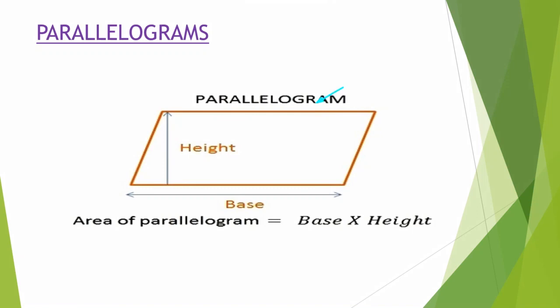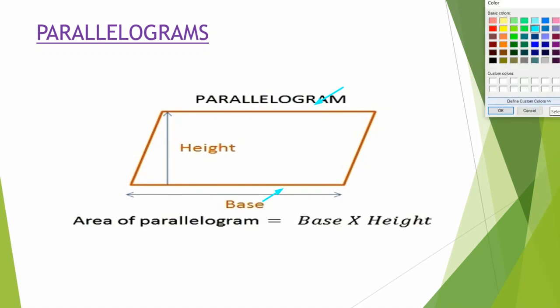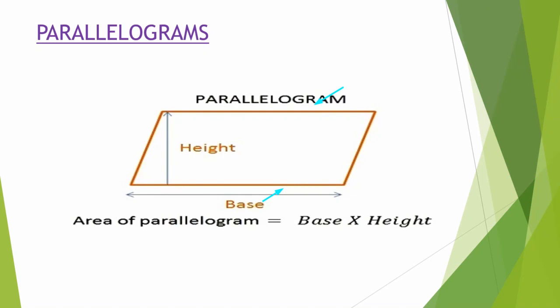So this side is parallel to this side and the other side will be parallel to the opposite side. Like here in this figure, we have this side parallel to this side. So this is a parallelogram.